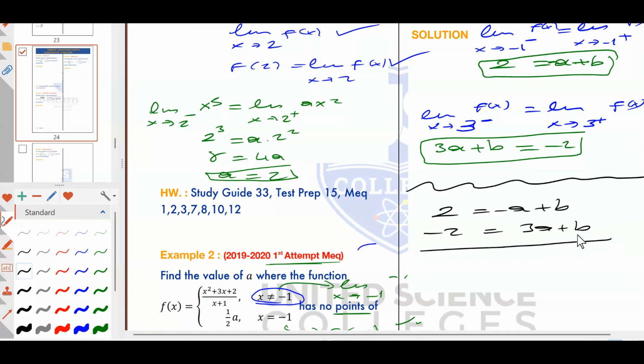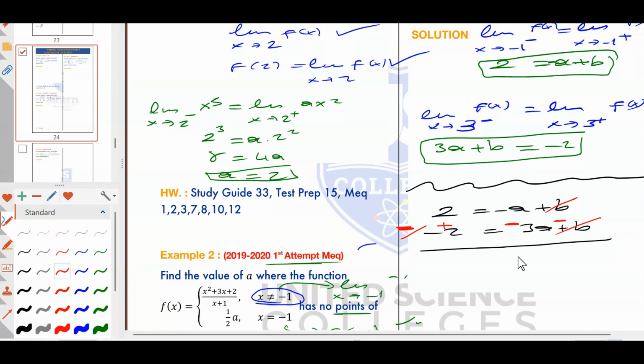If you want to eliminate one of the variables, you should get them opposite. For example, b. They're both positive, so if you multiply one of them by negative, you'll make them opposite and cancel them. So let's multiply the second equation by negative. In this case, the b's will cancel each other.